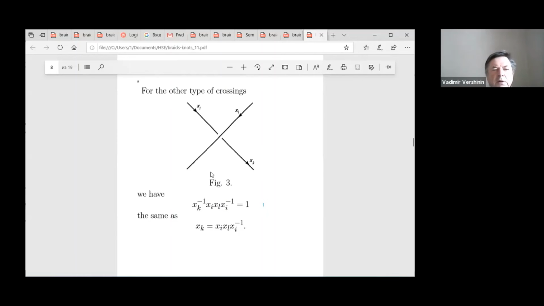Then what should you do? Actually I wrote in this sense.